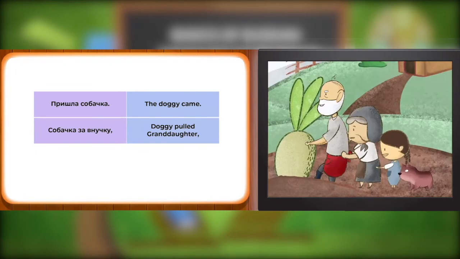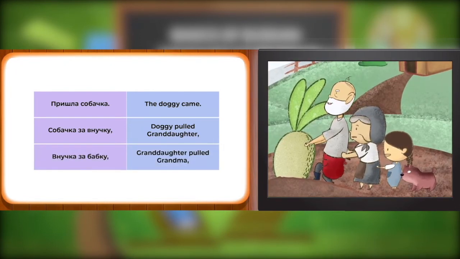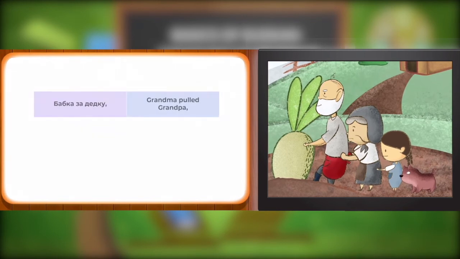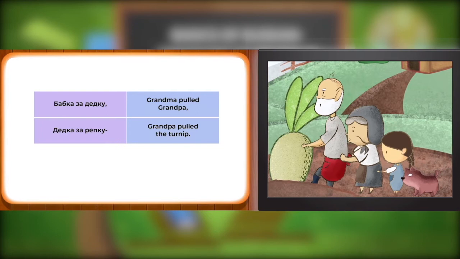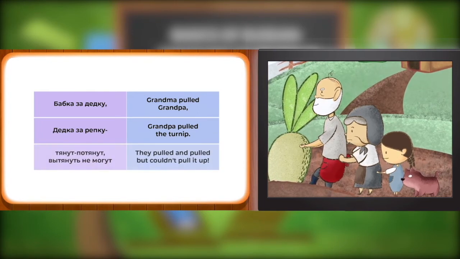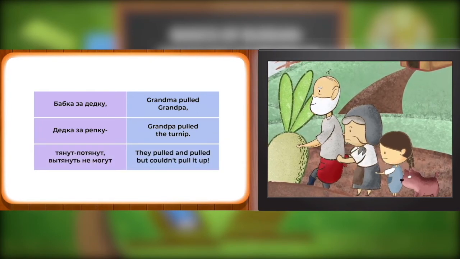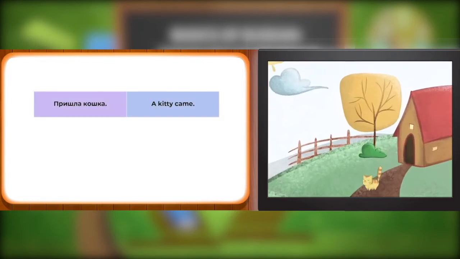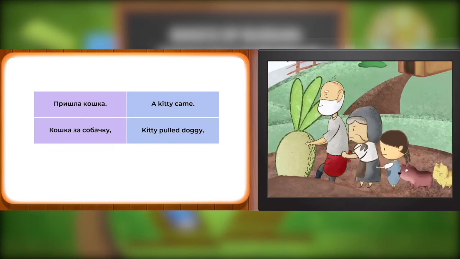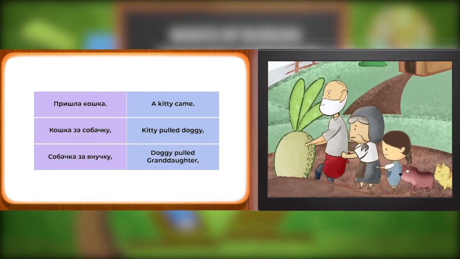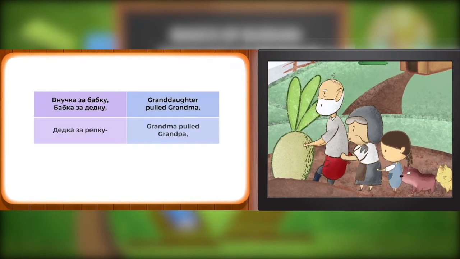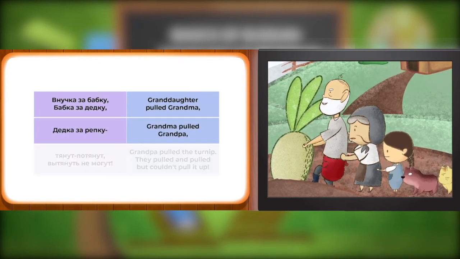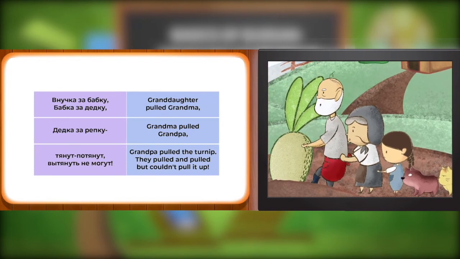Doggy pulled granddaughter, granddaughter pulled grandma, grandma pulled grandpa, and grandpa pulled the turnip. They pulled and pulled but could not pull it up. A kitty came. Meow. Kitty pulled doggy, doggy pulled granddaughter, granddaughter pulled grandma, grandma pulled grandpa, grandpa pulled the turnip.